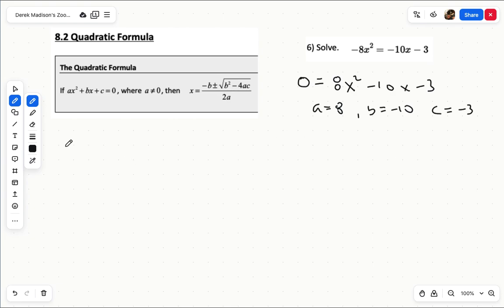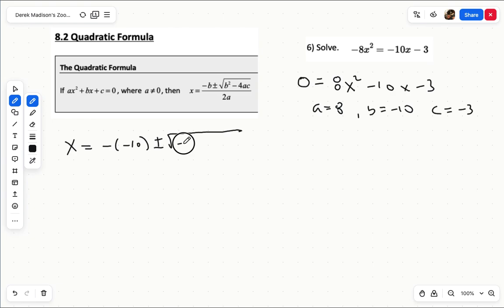So x equals -b, so that would be the negative of -10. You're welcome to just write +10 there, but I want to show you that it's the opposite of whatever b was, so it's going to come out a positive in this case. The all-important plus or minus, same as we saw in the last section, that's going to give us our two solutions.